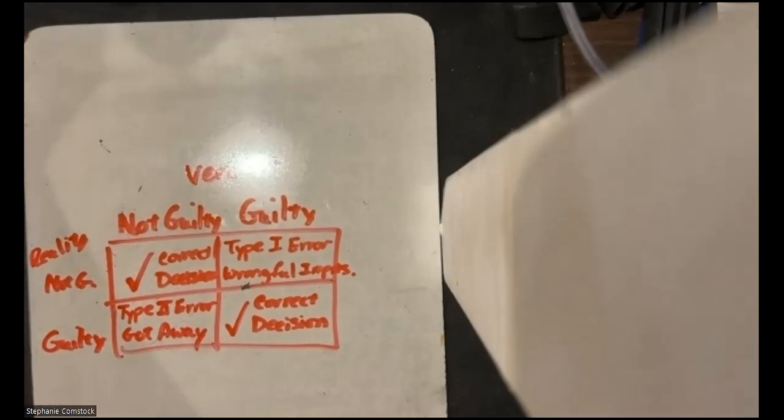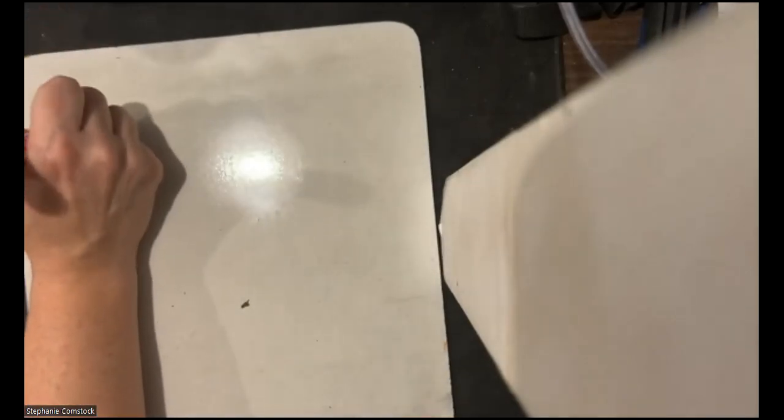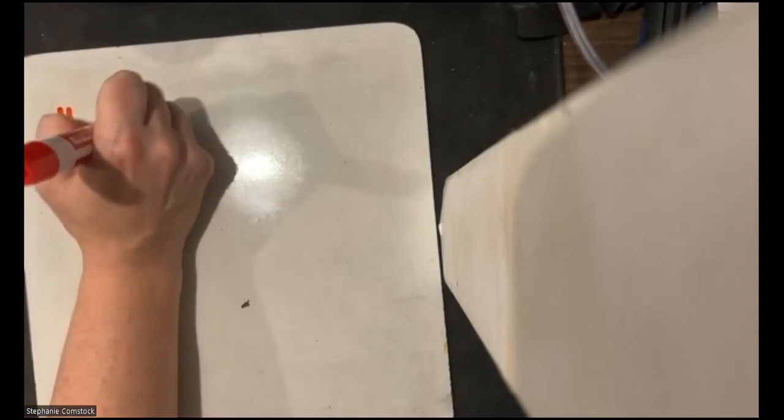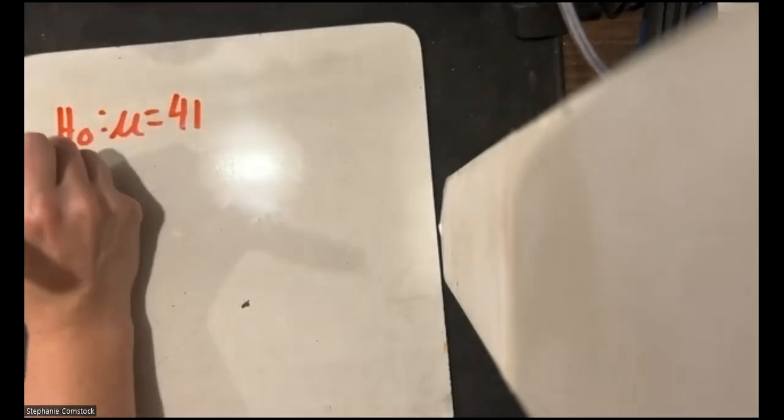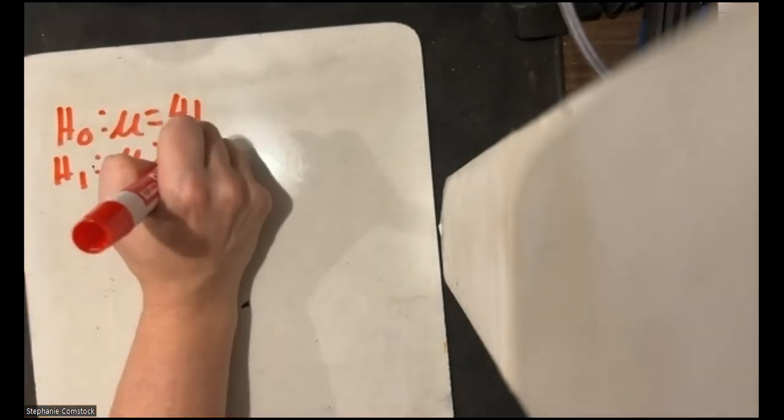So we're going to talk about a couple of setups for decision making, and what's going on if we made a type 1 or a type 2 error as this process goes through. So here we go. They want us to determine whether we made a type 1 error, a type 2 error, or a correct decision. H0 is that mu is equal to 41. H1 is that mu is greater than 41.